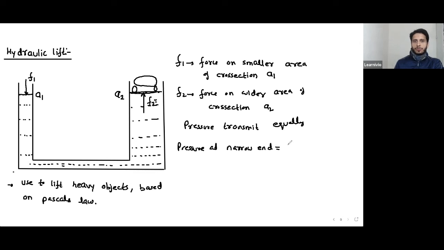At the narrow end, the pressure is F1 by A1. At the wider end, the pressure is F2 by A2.